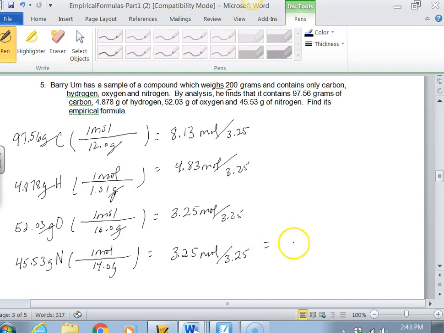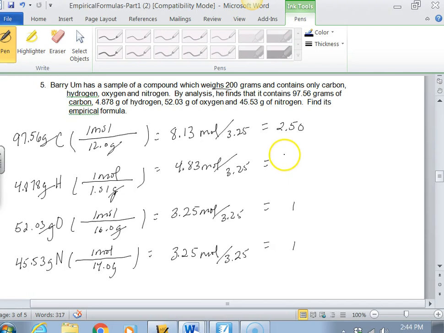All right, so these two are going to be equal to 1. And then we've got 8.13 divided by 3.25 comes to 2.5, and 4.83 divided by 3.25 is 1.5.